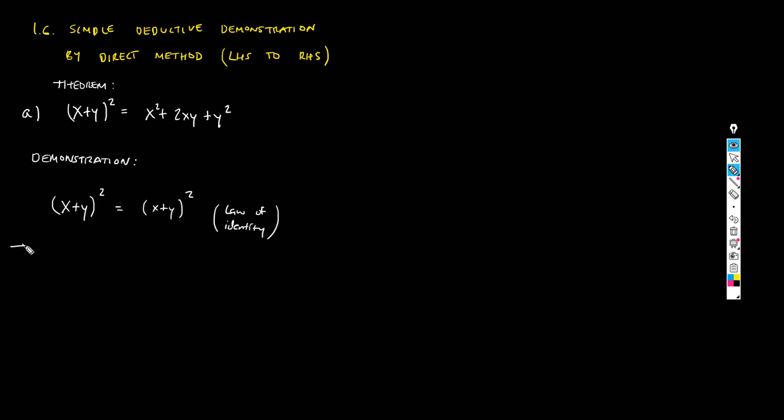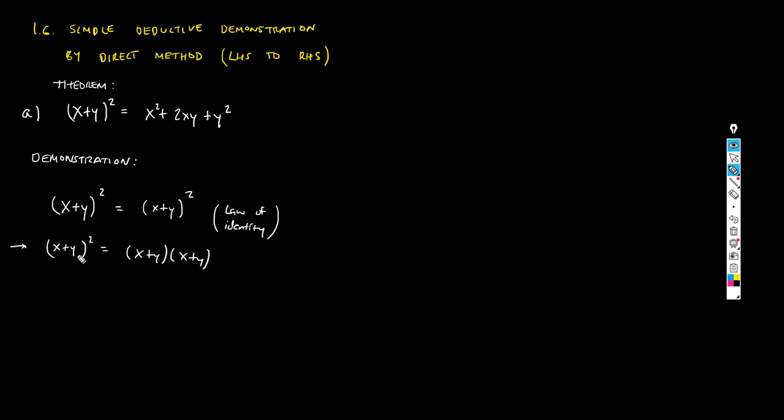Then, remember how you pronounce this little arrow? Then I'm going to do this. Then x plus y squared equals, and on the right hand side, in this case, I'm going to actually perform the multiplication of x plus y times itself, because basically that's what I'm doing, right? I'm raising x plus y to the square, and that means the following: x plus y times x plus y.